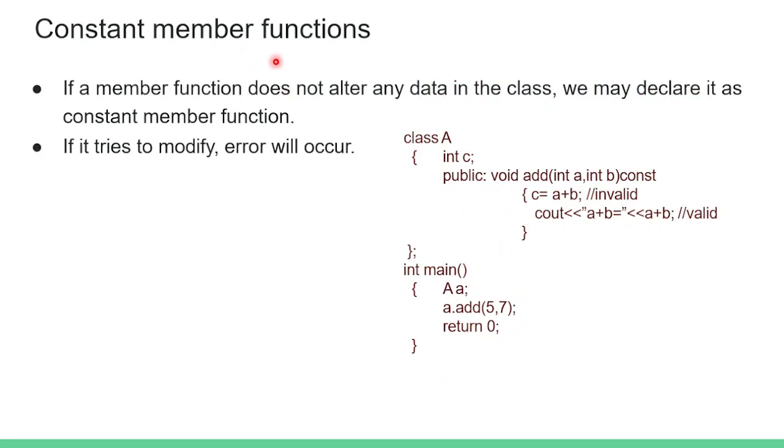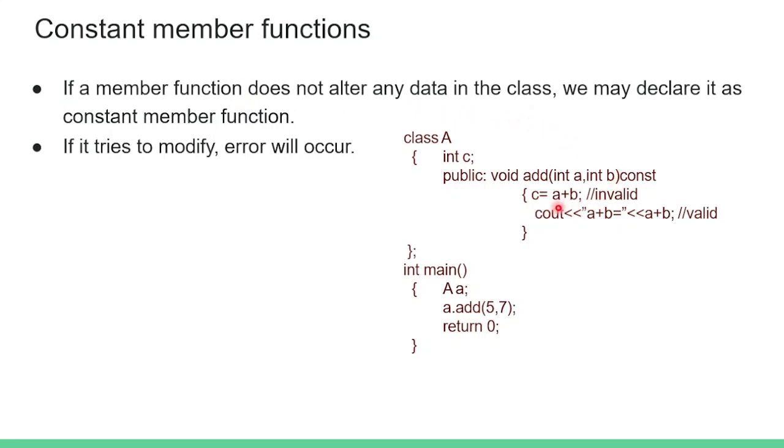Now what is a constant member function? If a member function does not alter any data in the class, we may declare it as a constant member function. As you can see here, we have a function add, and next to that we have const. What it means is that it will not alter any data in the class.